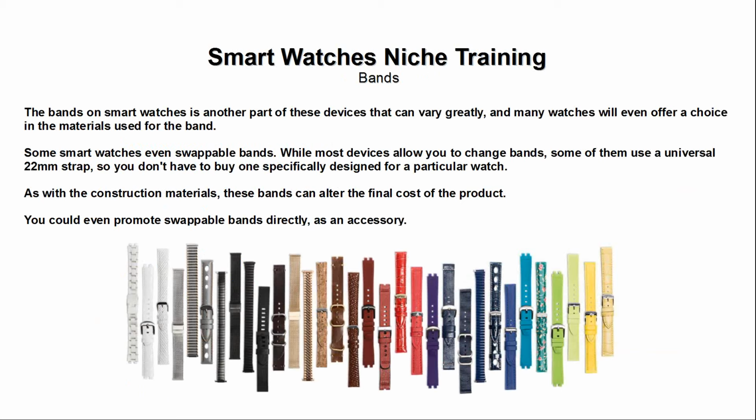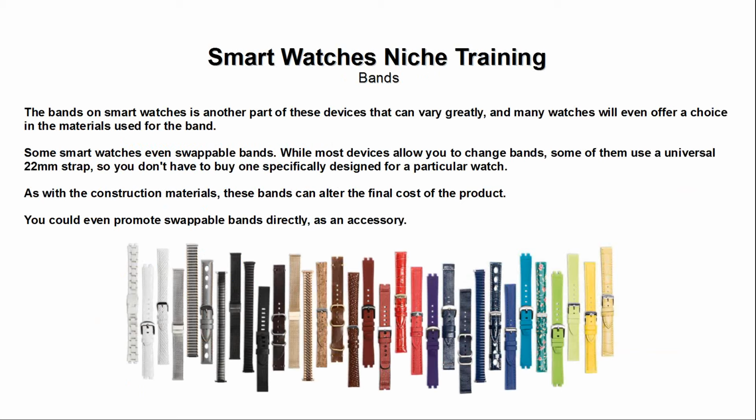Now, having to do with construction material yet again, but going to a different part of a smartwatch, actually has to do with the bands that are on these watches. From one product to the next, you can have a lot of variety with the bands that are included, but once again, a lot of models will still have the choice of what kind of band the person wants to have on their smartwatch.